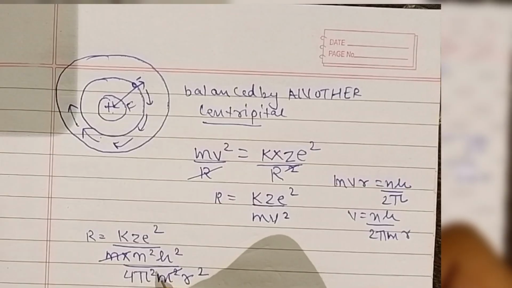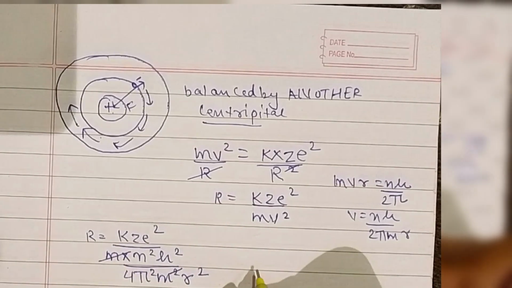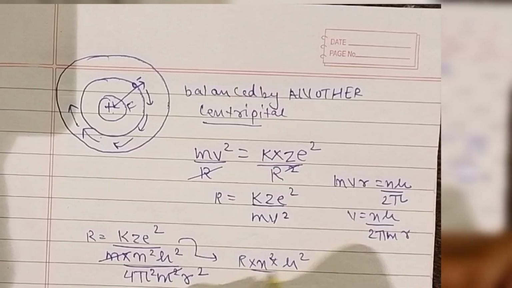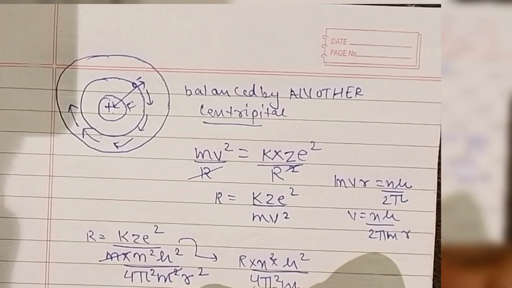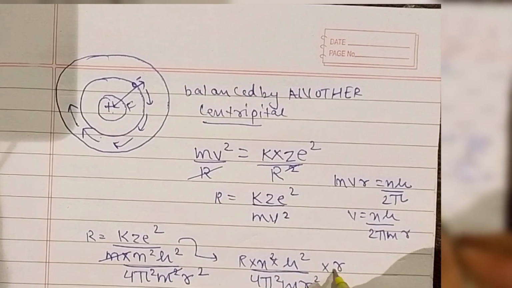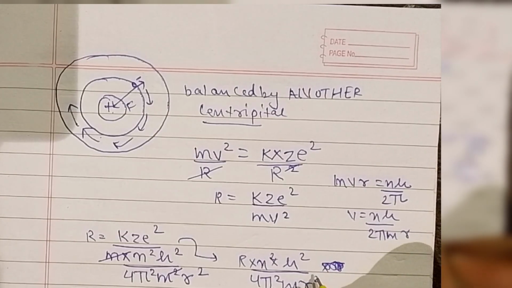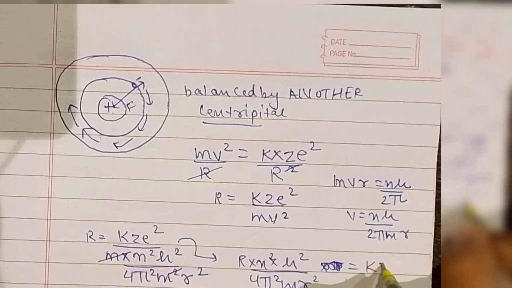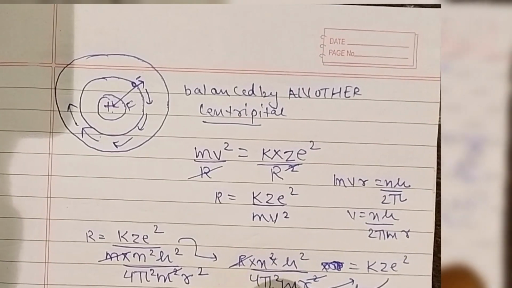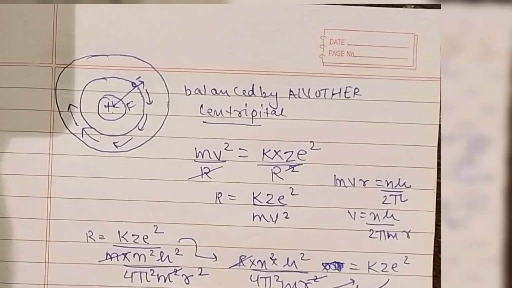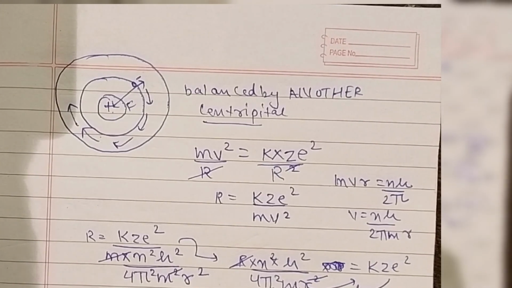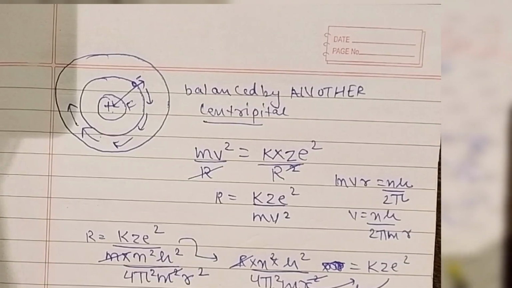Okay, so if we take this, r into n square h square upon 4 pi square m square r square into r, sorry, r is k Z e square, cut. r goes there, k Z e square comes here, we get n square h square upon 4 pi square m k Z e square is equal to the radius.